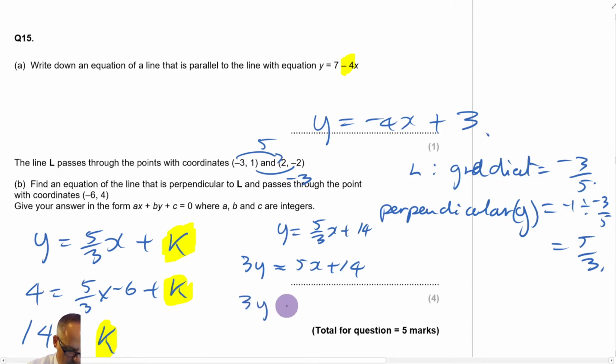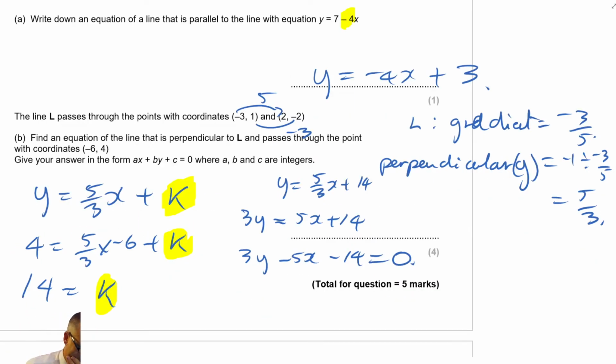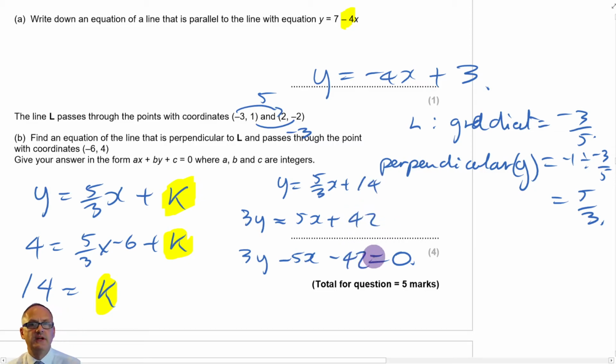So we write 3y - 5x - 14 equals 0. I just made a mistake there because I forgot to times the 14 by 3. Just checked my answer and realised there's a little mistake here. So 14 times 3, that's 42, and therefore 42 here.